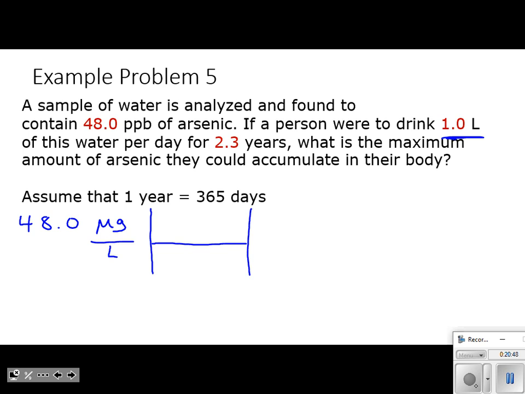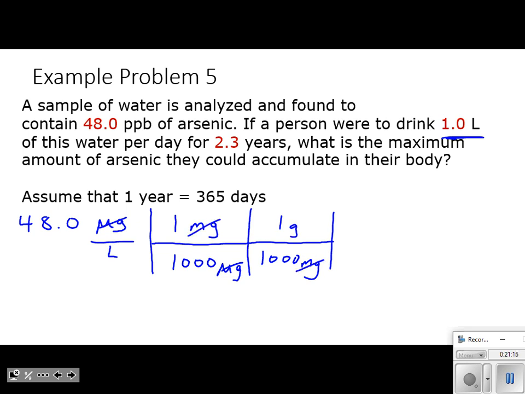I know that 1 milligram is equal to 1,000 micrograms. I can look on my table and my stair jumps. So I've converted now into milligrams. I can go one step further, and I know that 1,000 milligrams is 1 gram.